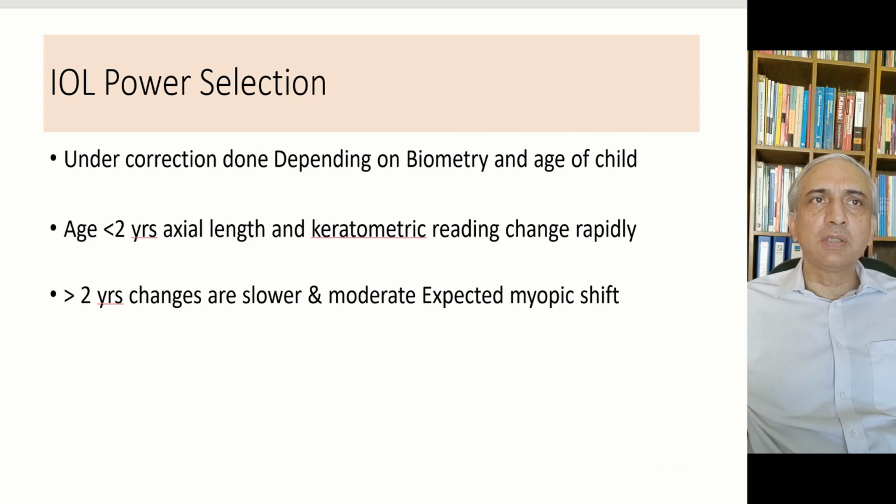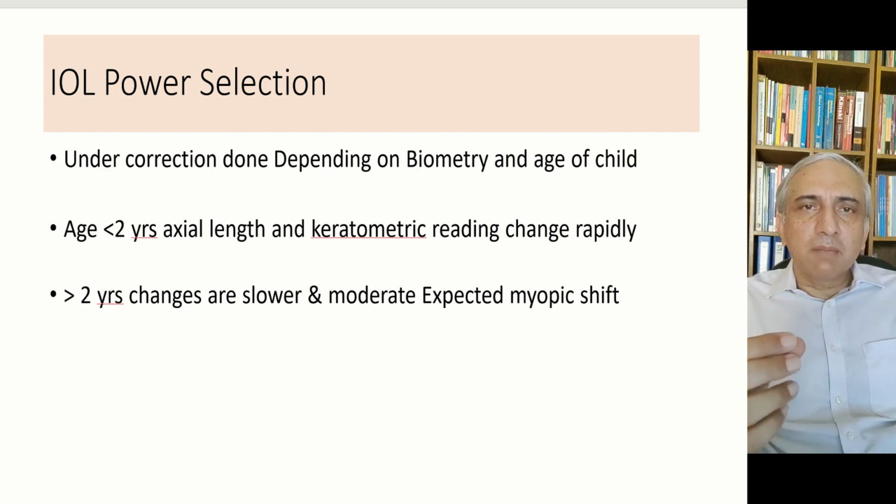Less than 2 years, axial length and keratometry readings change very rapidly, and over 2 years changes are slower, with a moderate expected myopic shift. So the bottom line is, if you do IOL implantation in children, you are bound to get a myopic shift over age.